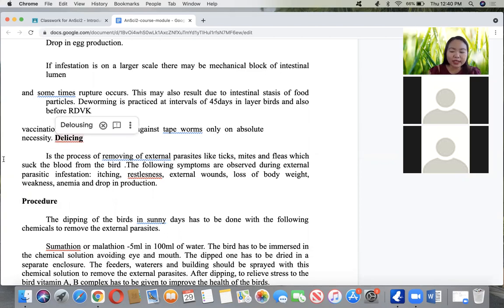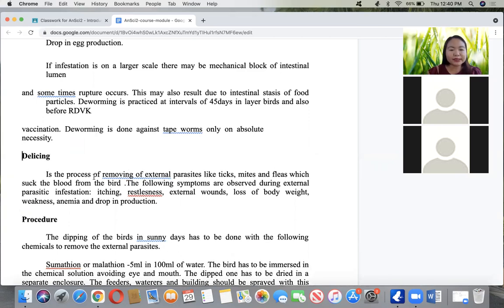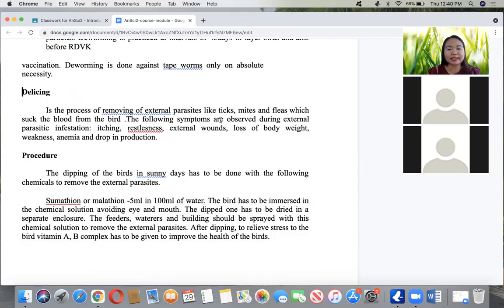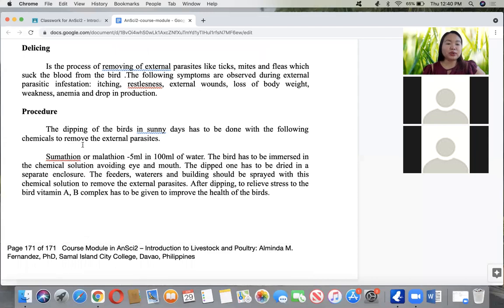So another one is delousing, no? The process of removing external parasites like ticks, mga kuto, mites, and fleas that suck blood from the bird. Usually there is itching, restlessness, external wounds, loss of body weight, weakness, anemia, and drop in production. So how do you control it? With the use of chemicals to remove the external parasites.